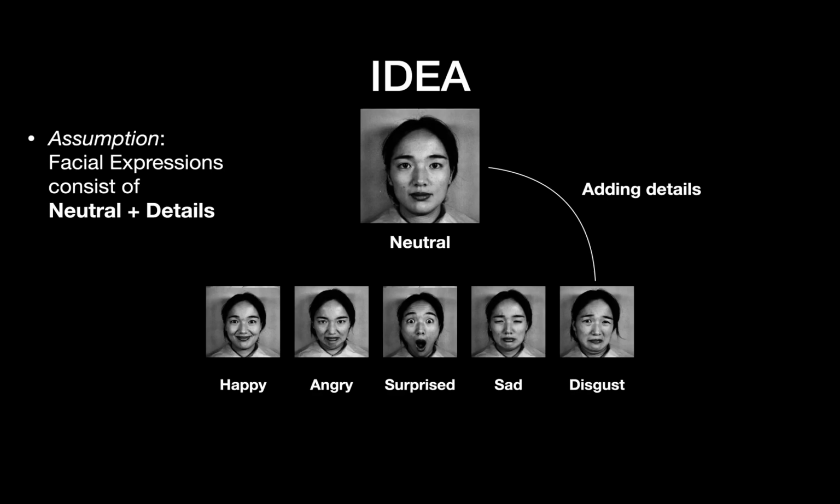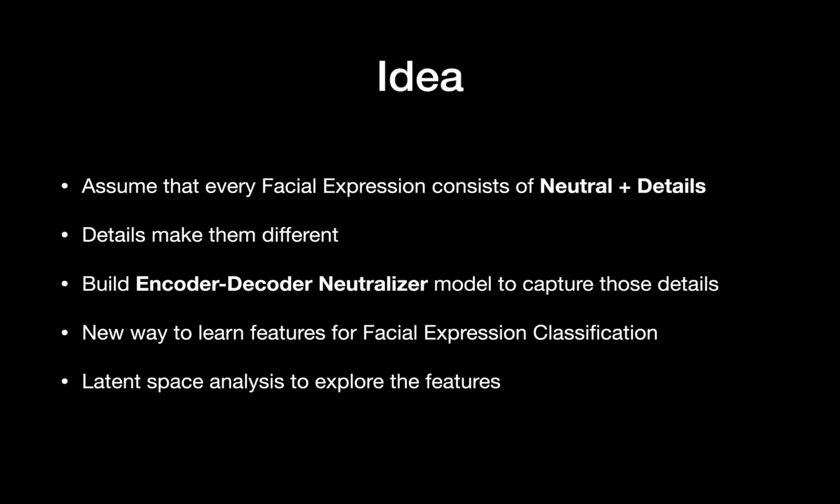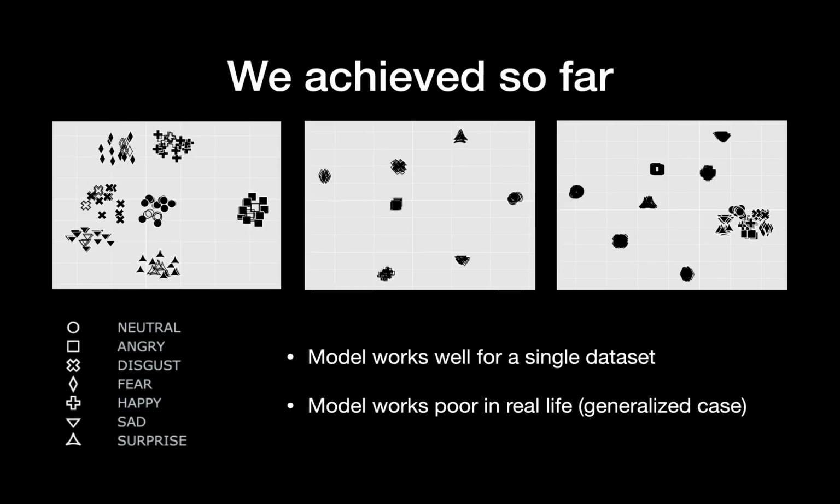And those details actually determine one expression to be different from another. So these are the discriminative features. Having this assumption in mind, we have built an encoder decoder neutralizer model to capture those details. And thus, we have found a new way for learning features for facial expression classification.